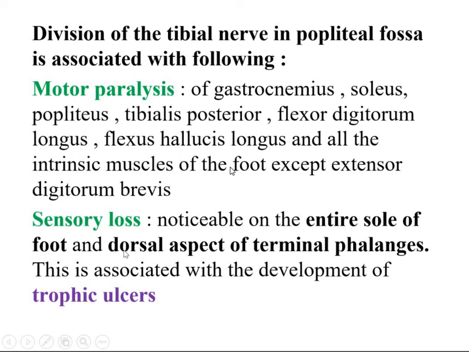And then we have the sensory loss that is noticeable on the entire sole of foot or the dorsal aspect of terminal phalanges. This is associated with development of trophic ulcers, ठीक है. Motor paralysis, all the muscles are compromised. Sensory loss leading to trophic ulcers.